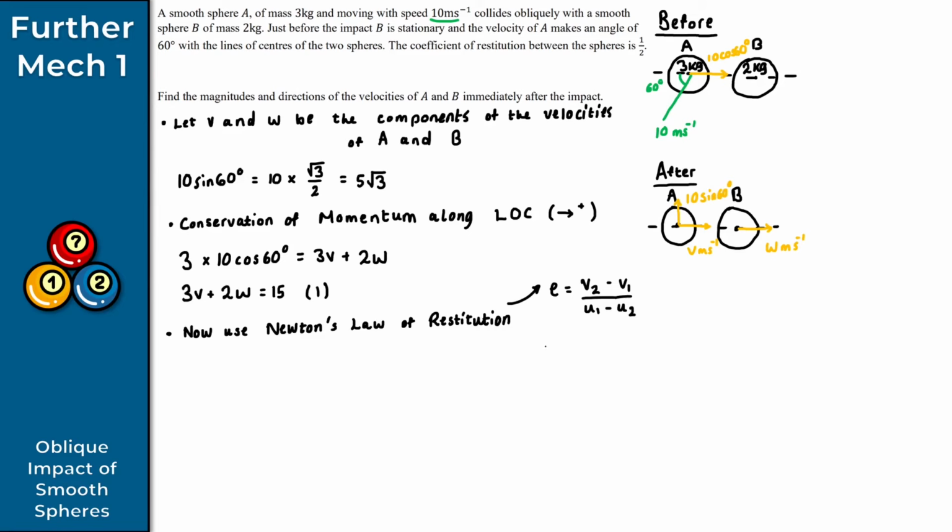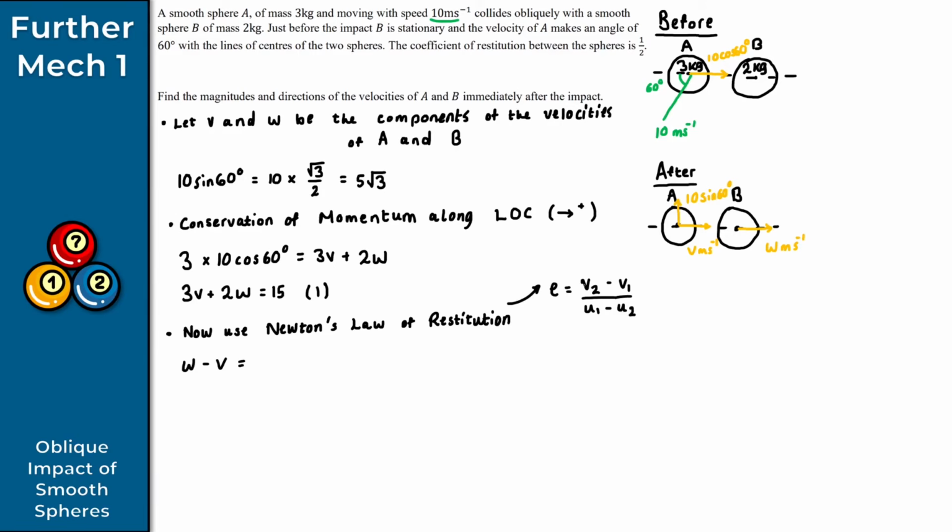You'll see why in a moment. It just makes life a lot easier here. So what is V2 and what is V1 here? So V2 here is W and V1 will just be V, right? So I get W minus V is equal to them.